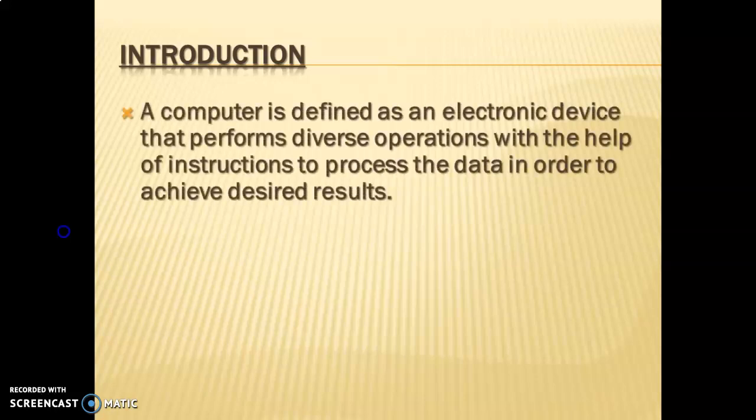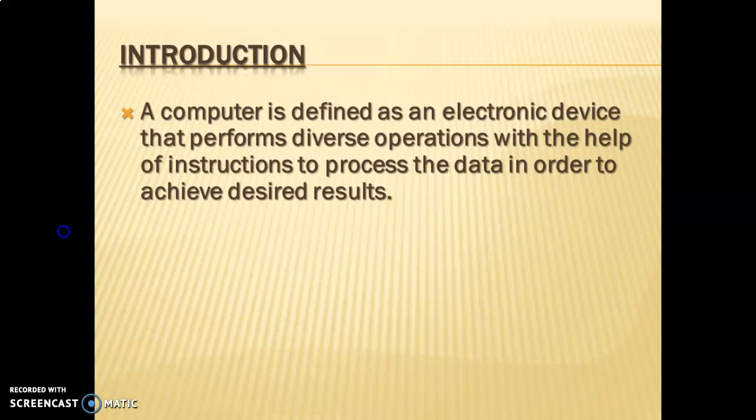Now, in this chapter, you will study about the software. Now, what is a computer? A computer is defined as an electronic device, a device which runs on electricity, that performs diverse operations, means many different types of operations.